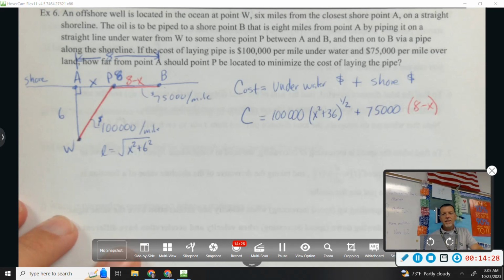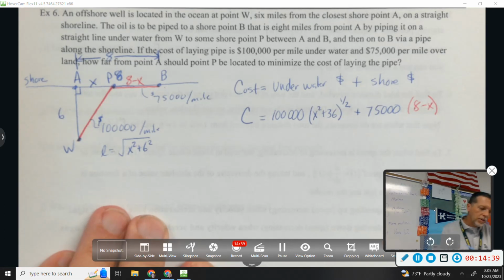Okay, I think so. There's no primary secondary on this one. That is the primary. It only has one variable. It's kind of annoying looking, but I think we're ready to take a derivative.